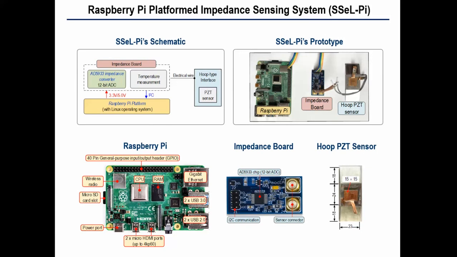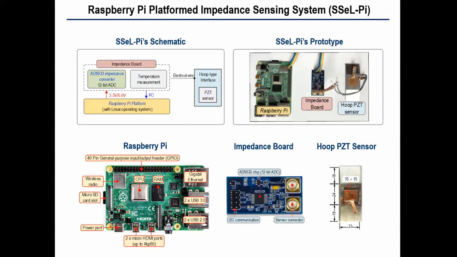This slide shows the Raspberry Pi platform impedance sensor system. As you can see in figure 1 top left, first, this is the schematic of the proposed system, including a Raspberry Pi, an impedance board with the AD5933 impedance converter, and the PZT sensor. The Raspberry Pi works as a computer board to control the AD5933 to get the impedance response from the PZT sensor.